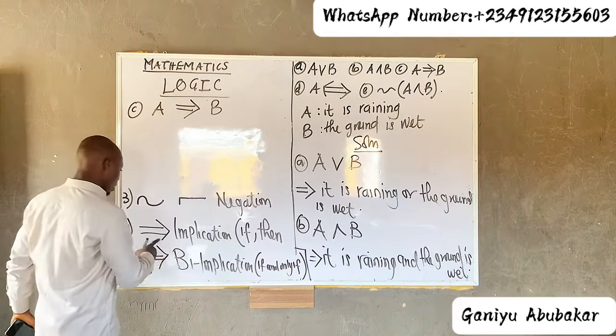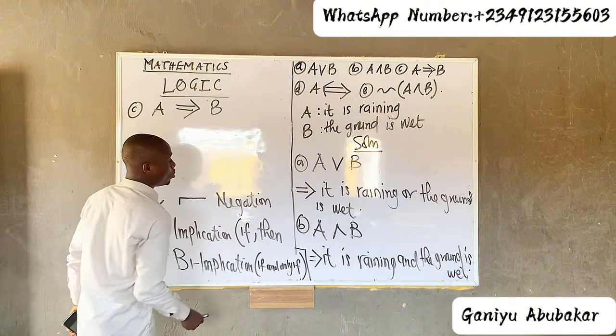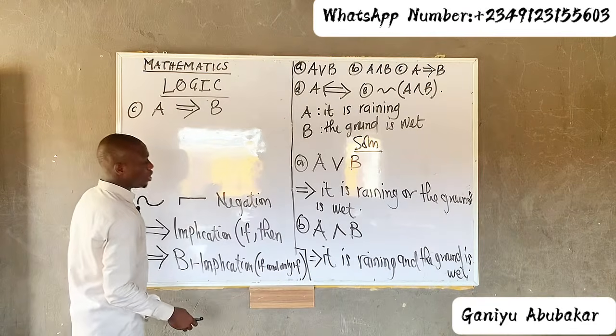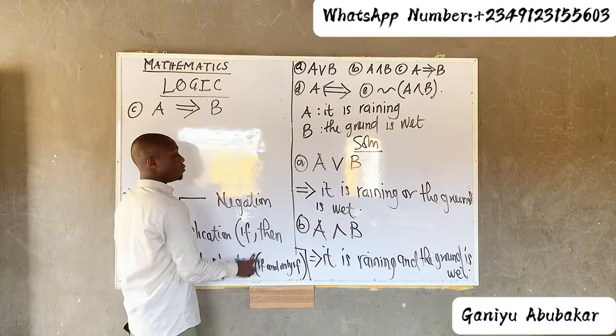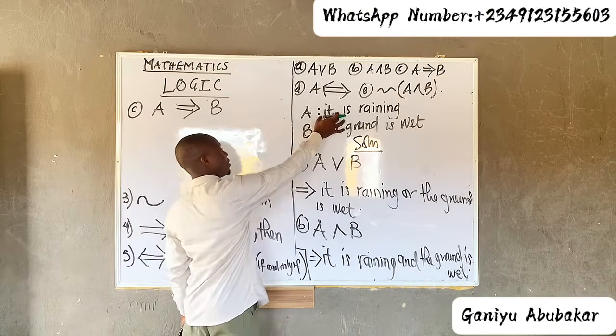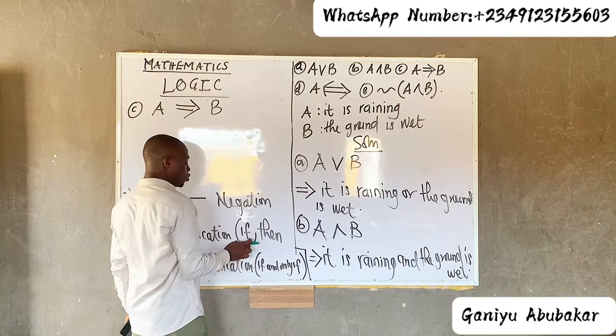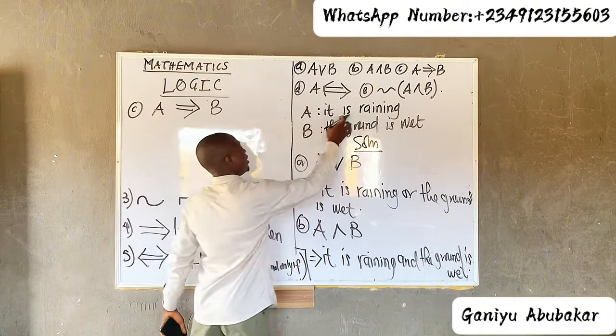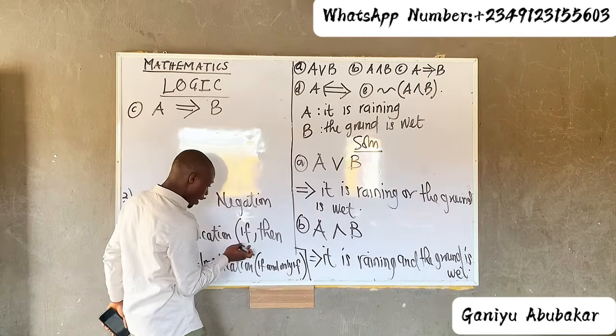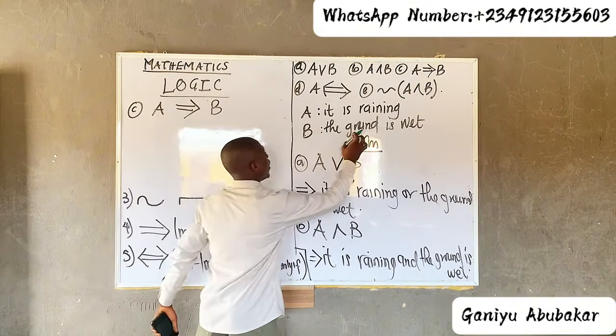So I'll start with "if." It becomes "if it is raining, then the ground is wet."